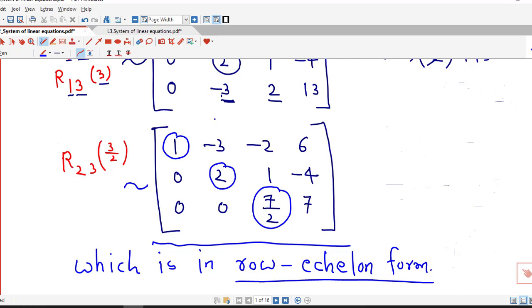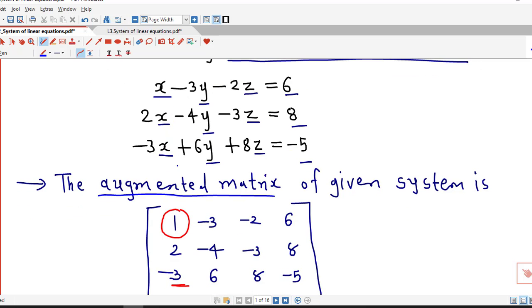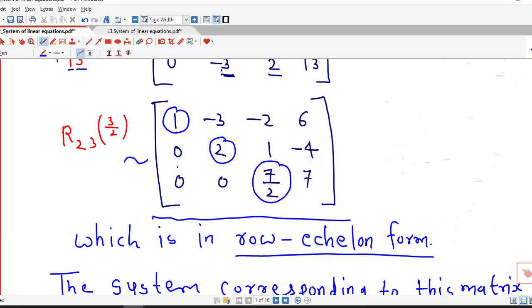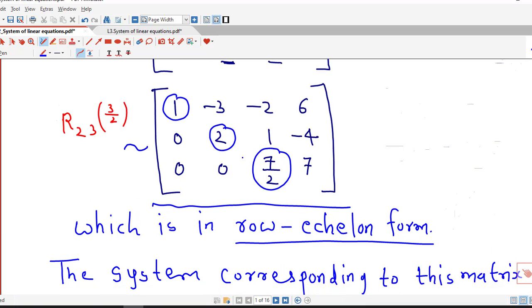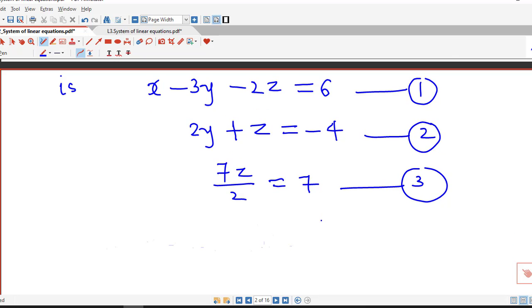So here given system is not possible to solve easily directly. So we are writing the augmented matrix of this system and we find out row echelon form of the augmented matrix. And if we write down the system corresponding to this row echelon form, then that system can be solved easily.